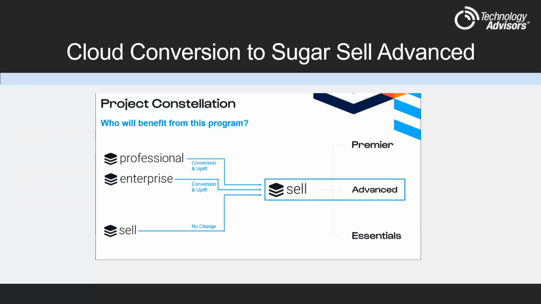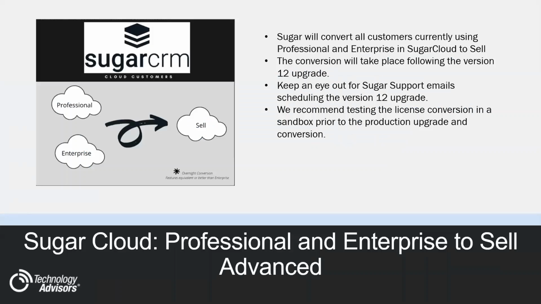Okay, so for Sugar Cloud customers, and Anjem, you can go to the next one there, perfect. All customers are going to get converted over to Sell Advanced. Again, this is going to take place following that version 12 upgrade. So keep an eye out for those Sugar support emails. Sugar will be reaching out directly to system admins to schedule your version 12 upgrade.